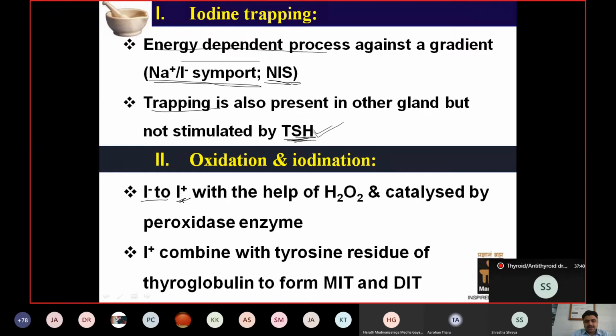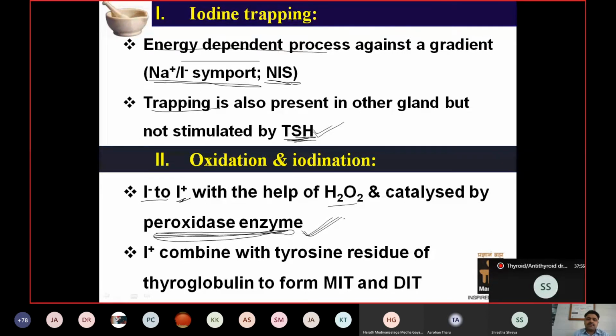This oxidation is helped by hydrogen peroxide, and it is catalyzed by the enzyme peroxidase. This enzyme is important for the iodination.